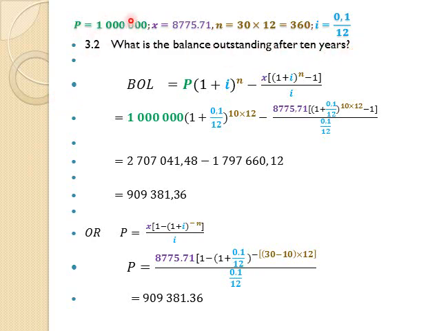So we know she borrowed 1 million. We know X is 8775.71. We just calculated it. 30 years times 12 is 360, and we know the interest is 0.1 over 12.